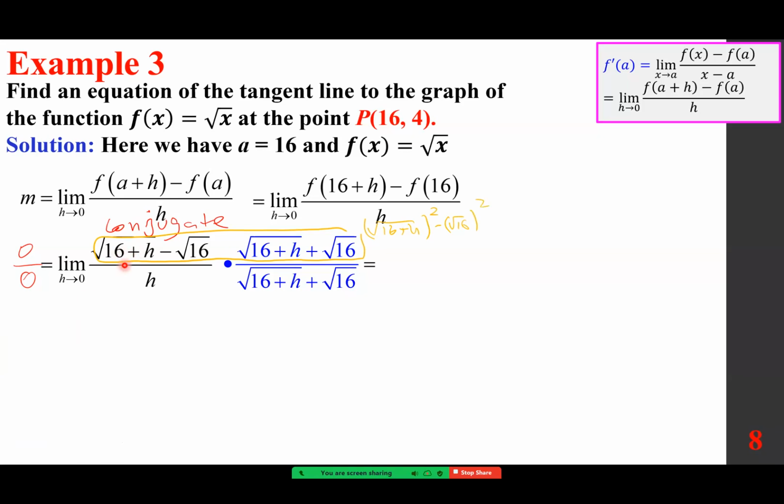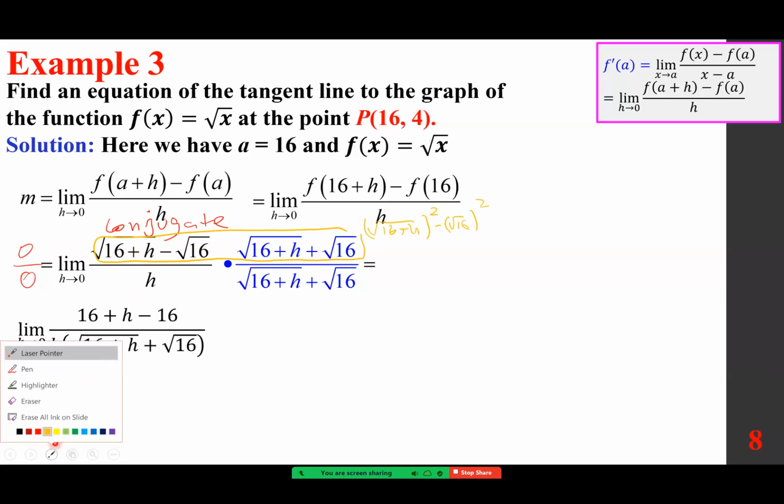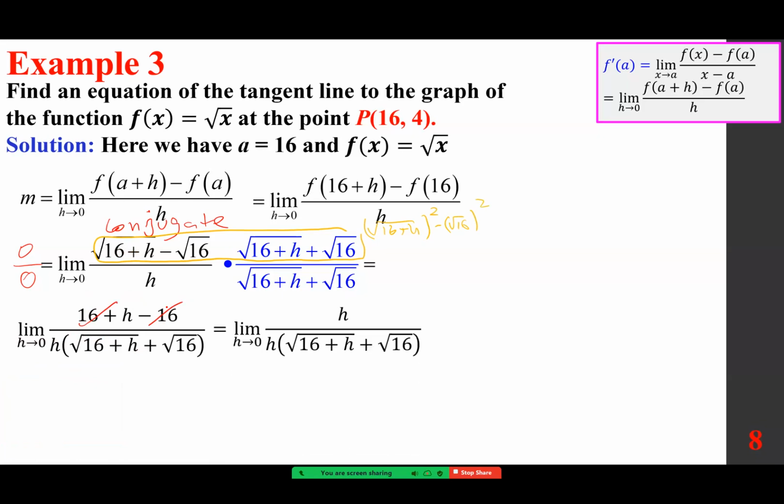In other words, each one comes out from the radical sign. When it happens, these two cancel each other. So the numerator has nothing but h. And now the h from the top and the bottom can cancel each other. We end up with the 1 in the numerator only.